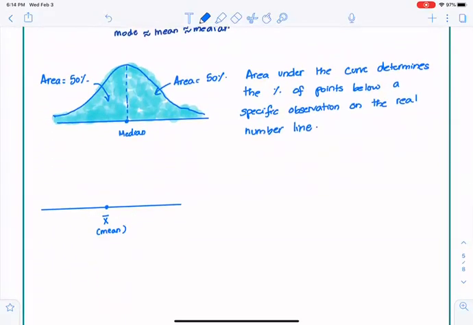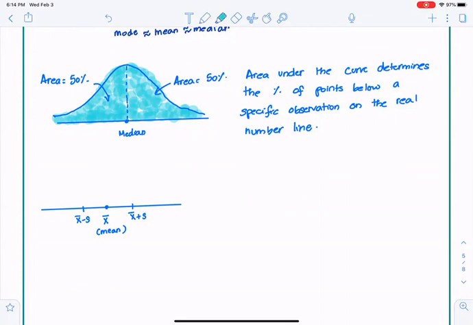Now, I want to go one step on either side of the mean by one standard deviation. So I want to go one standard deviation to the right and one standard deviation to the left.